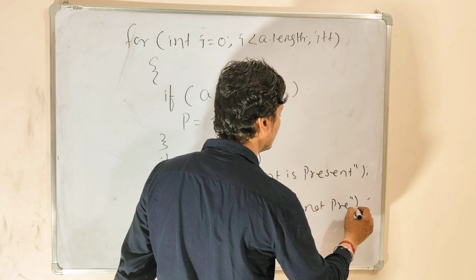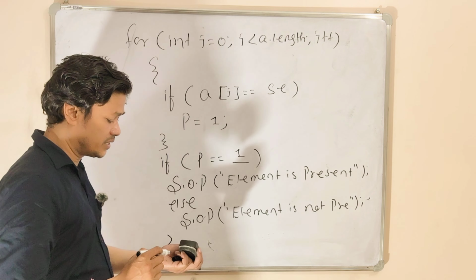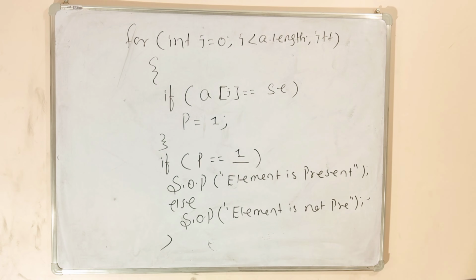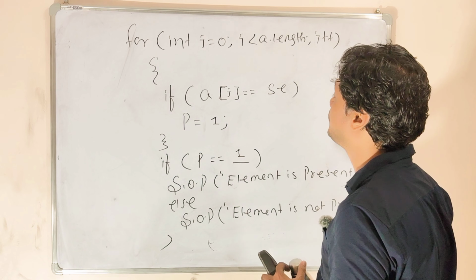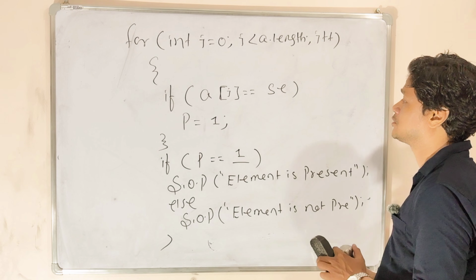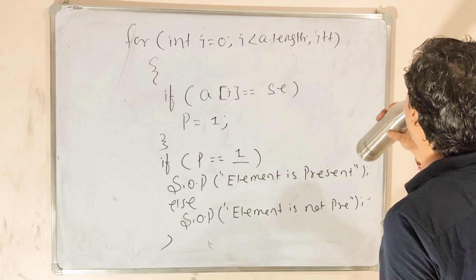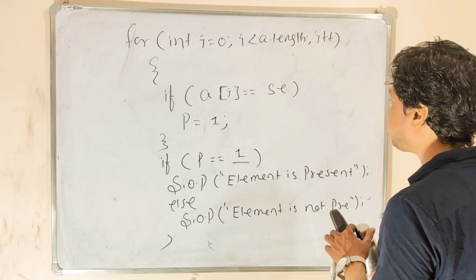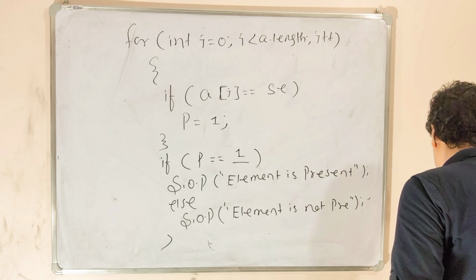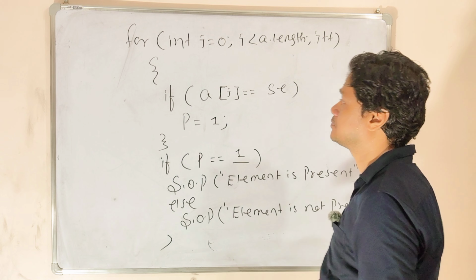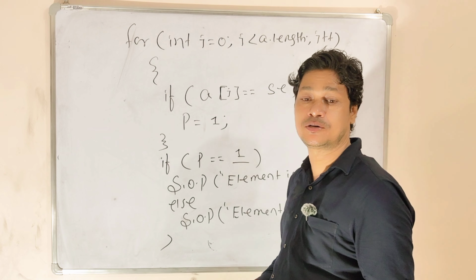Yes, very good. Can you elaborate this code? Why have I written if a[j] == se, p = 1? Sir, a[j] brings us the elements of the array from index 0 up to 9.